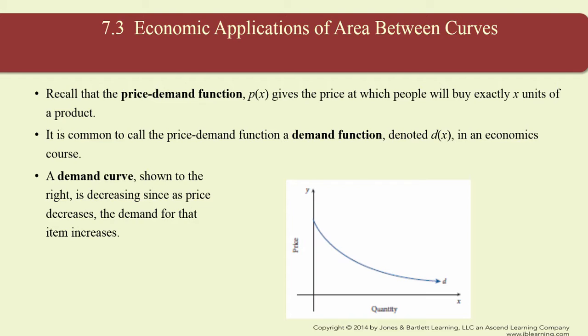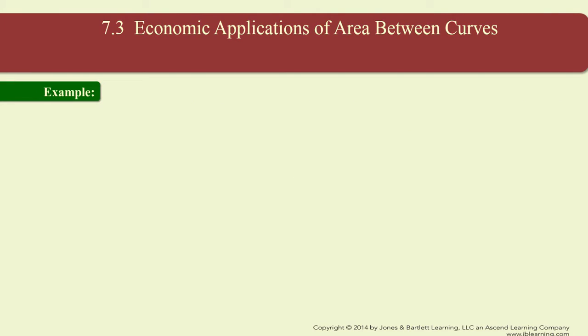It's decreasing because as the price decreases, the demand for whatever item we're talking about will increase. Think about this from the typical consumer standpoint. As the price goes down, consumers are going to buy more. Price goes down, I tend to buy more. People buy more. So that's the basics to get us started here in section 7.3.